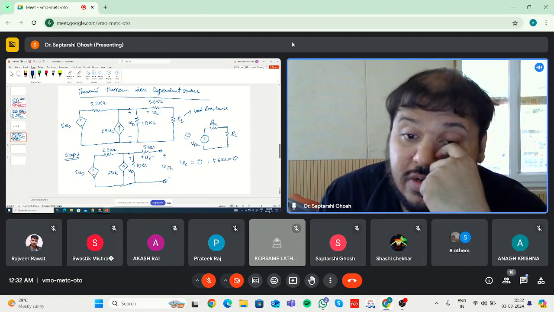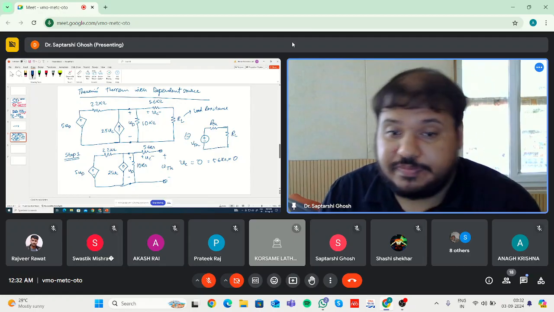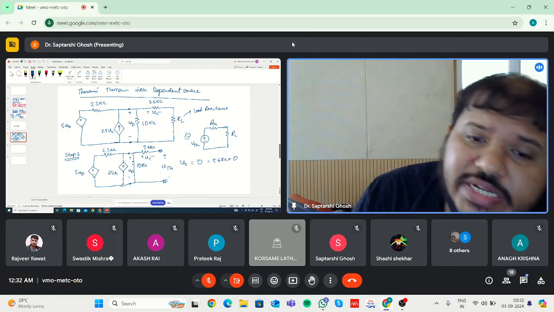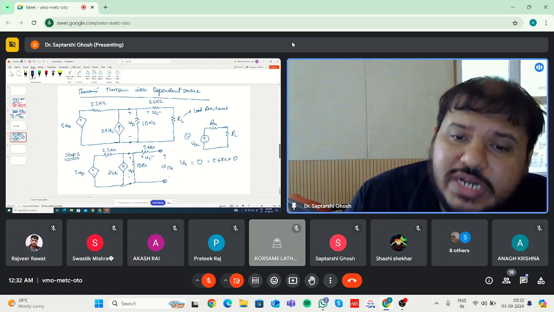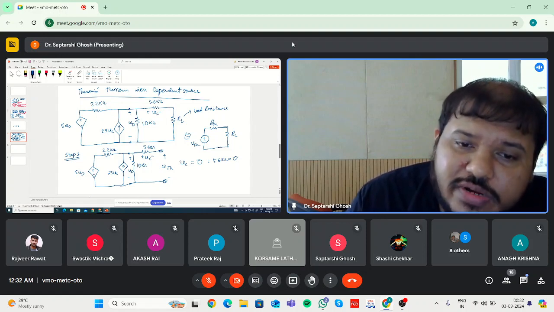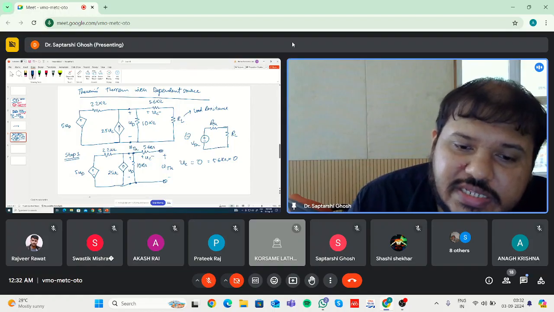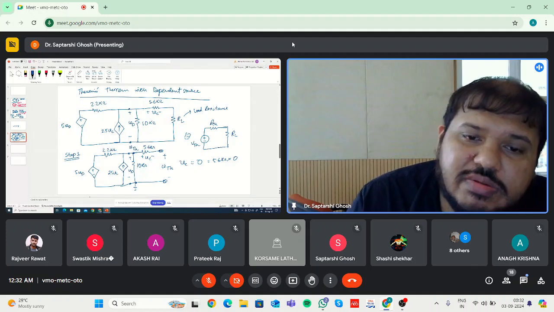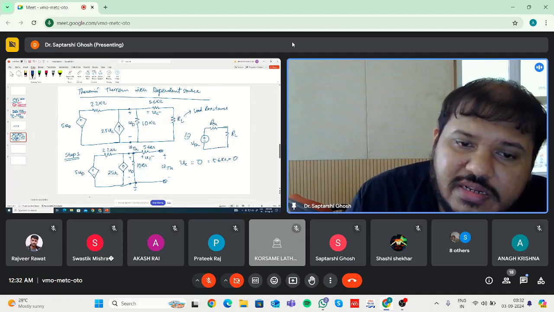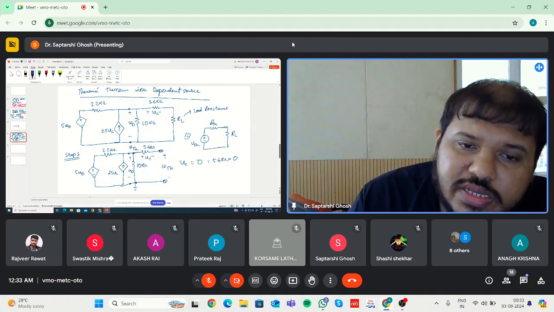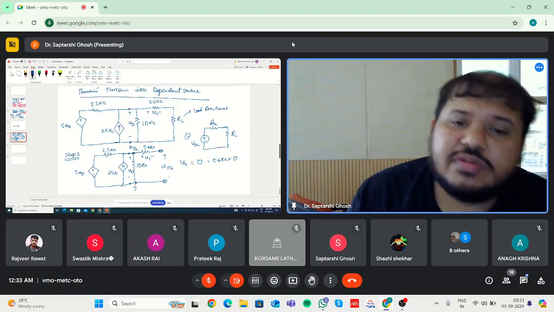No current is flowing through this path, so whatever the voltage is there, the same voltage will be in these two terminals. You consider this as VTH. If this is grounded, then this will be VTH, and these are also joined, so this is a single node.